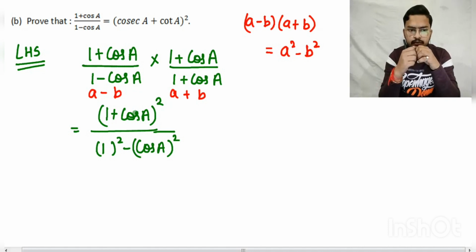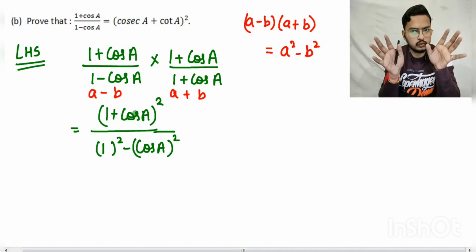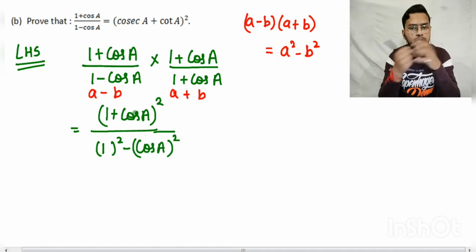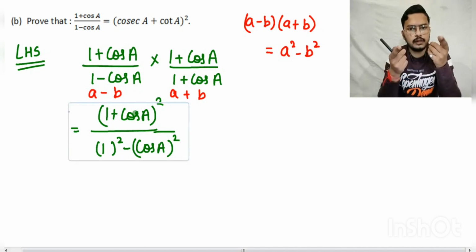So my recommendation here is don't open the whole square. Why am I saying this? Because just see the right hand side of that particular question. The right hand side is saying cosec A plus cot A whole square, so that means we want the answer in the whole square form. So already in the numerator there is a whole square, so no need to open that particular form, right?